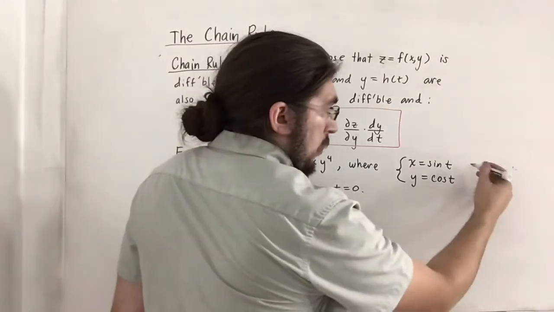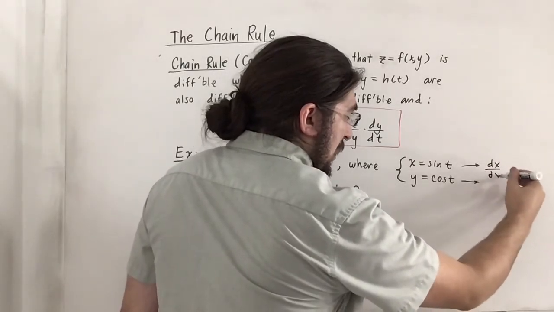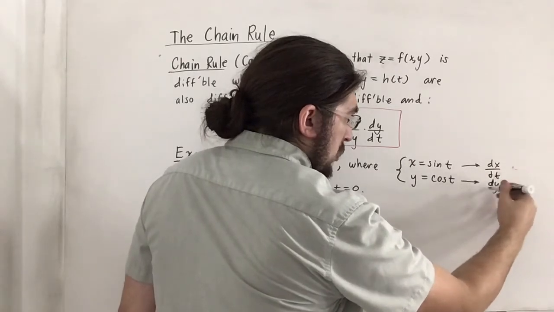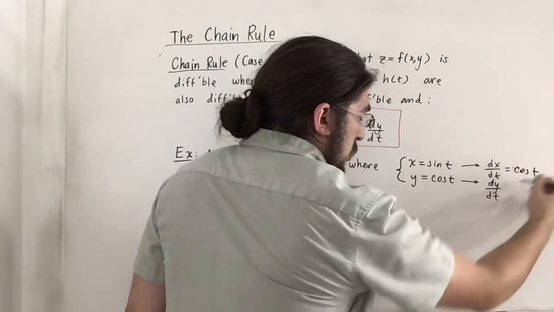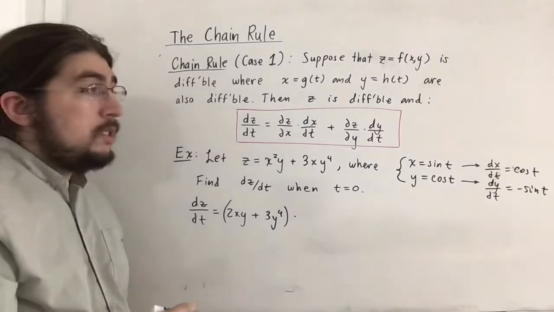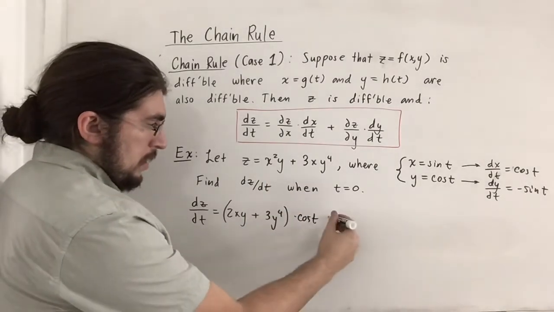Look at this. If x is sine and y is cosine, then right away we can get x's derivative dx/dt and y's derivative dy/dt. The derivative of sine is cosine of t, and the derivative of cosine is negative sine of t. Perfect, so that means dx/dt really is just cosine of t, which is nice.